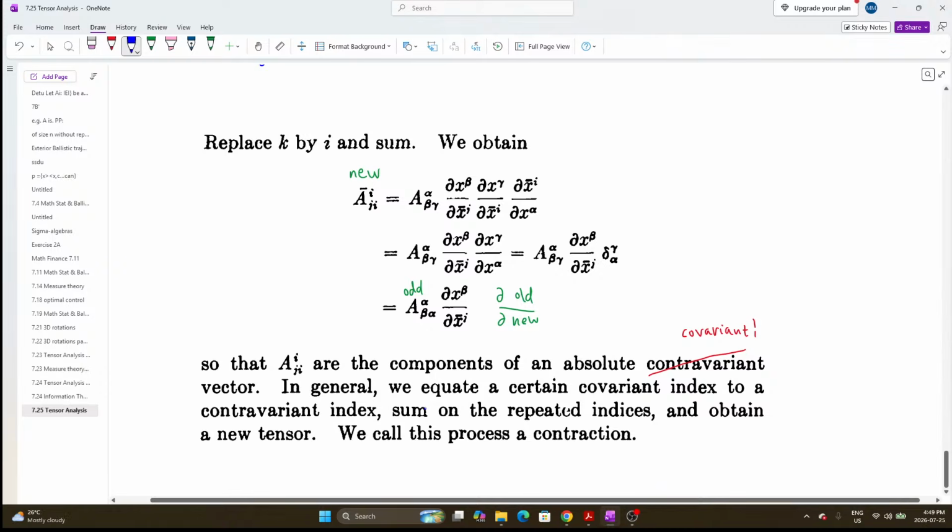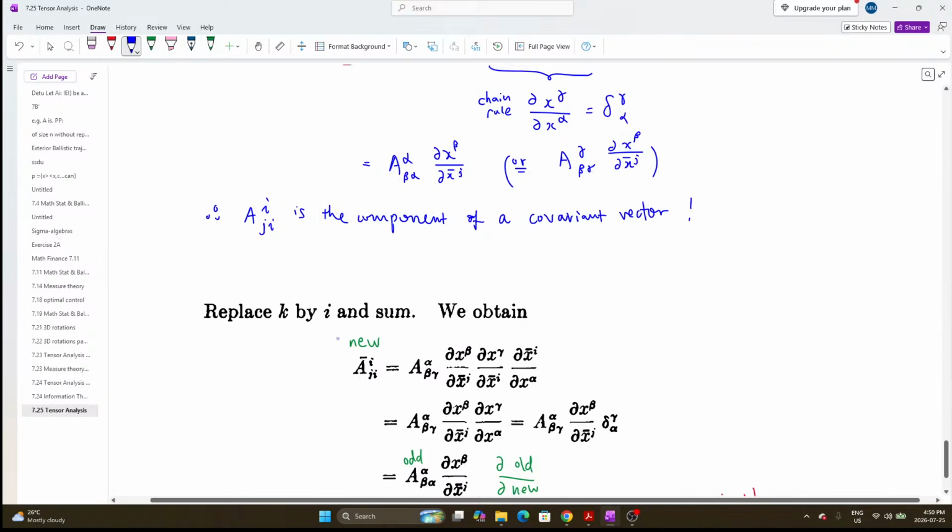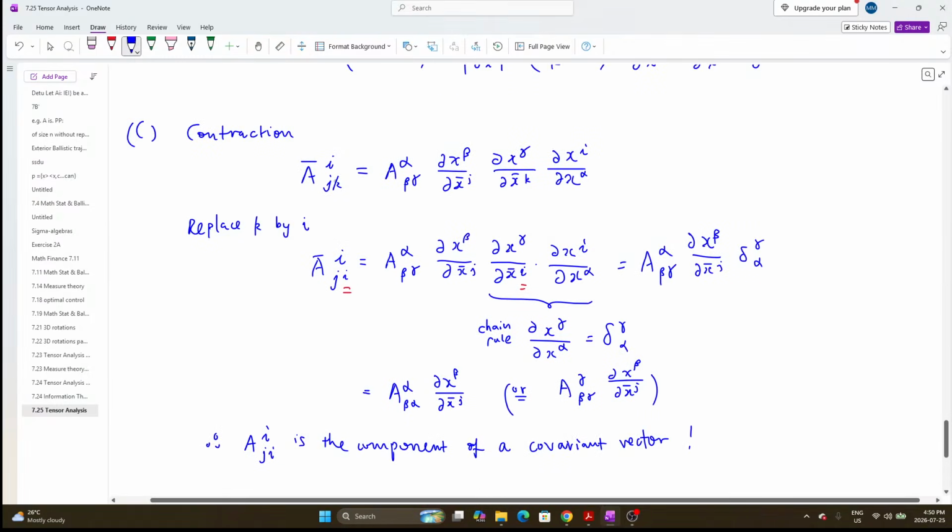Okay? Wow. And it says, in general, we equate a certain covariant index to a contravariant index. That's called a contraction. So you can't do, say, two indices downstairs to be the same. This isn't allowed, okay?